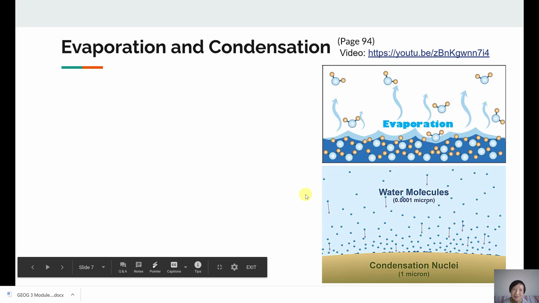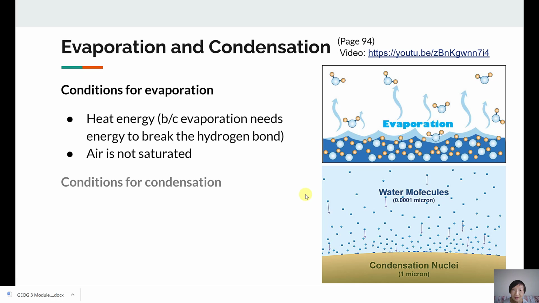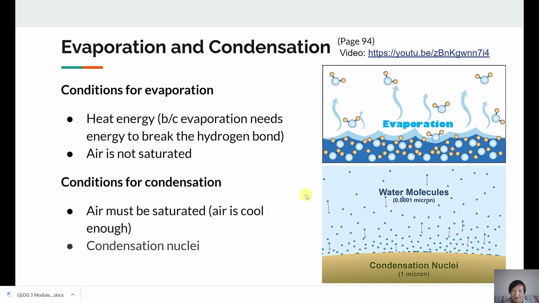Okay, so then let's focus on evaporation and condensation. You need to know the conditions for evaporation and the conditions for condensation. Of course, for evaporation, you need energy, and also the air above it cannot be saturated, cannot be full of water.